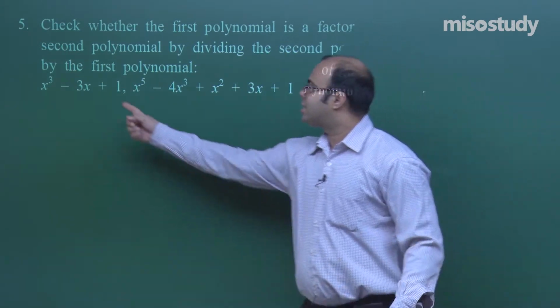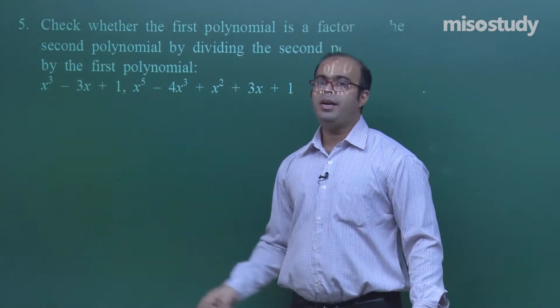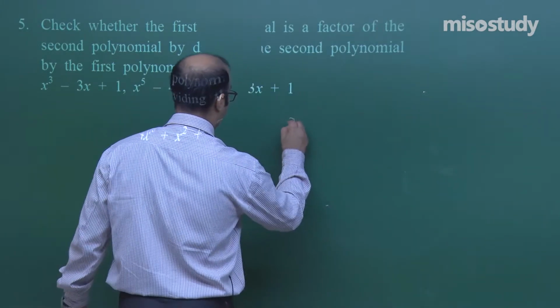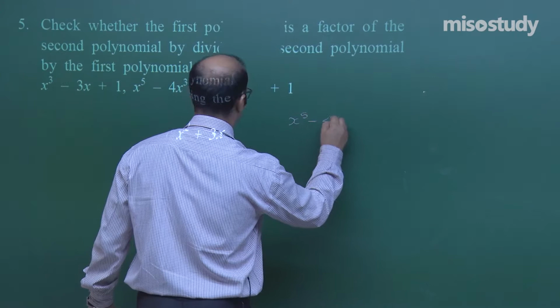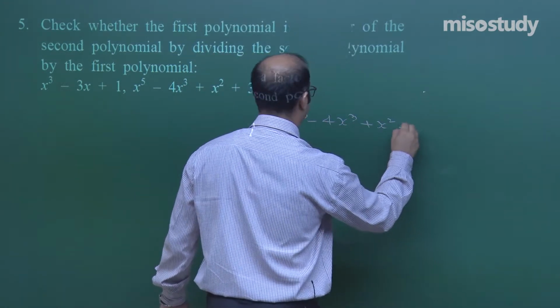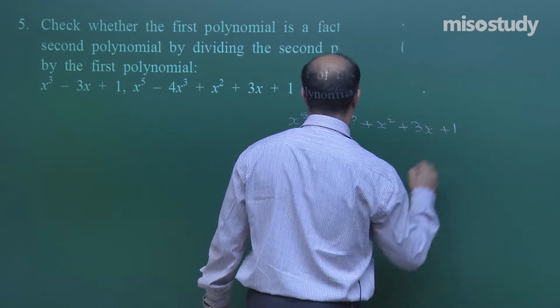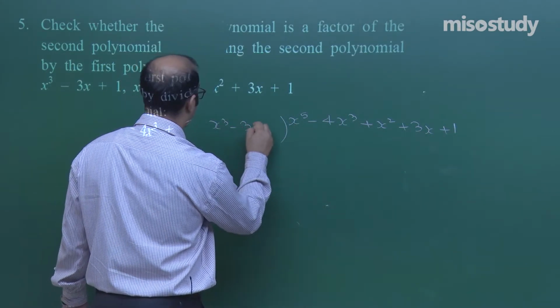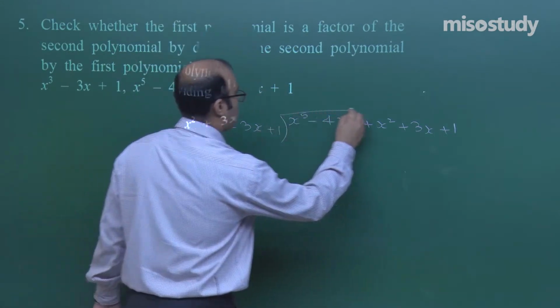Now if this is a factor of this, then the remainder on polynomial division should be 0. So let us divide x to the power 5 minus 4x cube and then plus x square plus 3x plus 1. It has to be divided with x cube minus 3x plus 1.